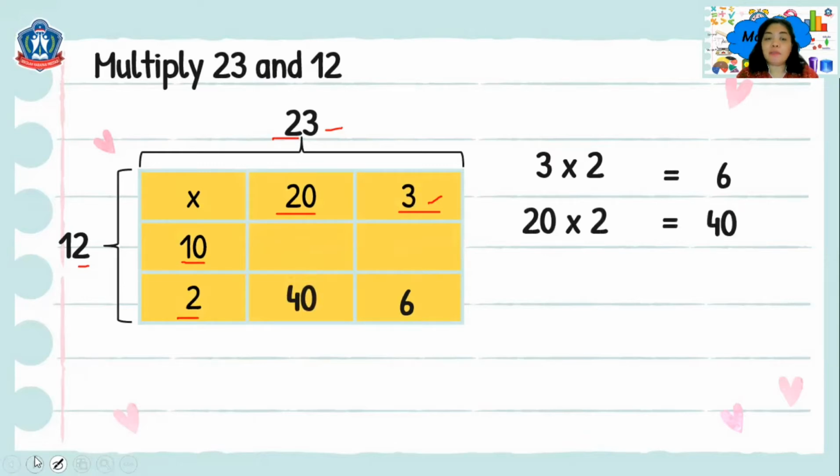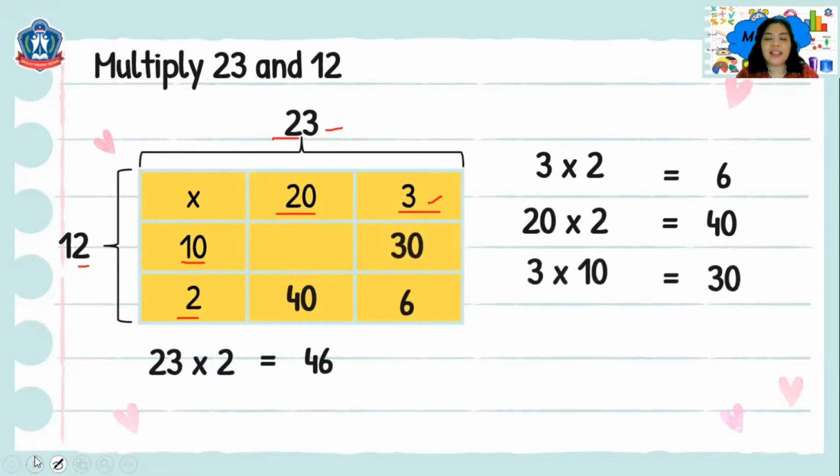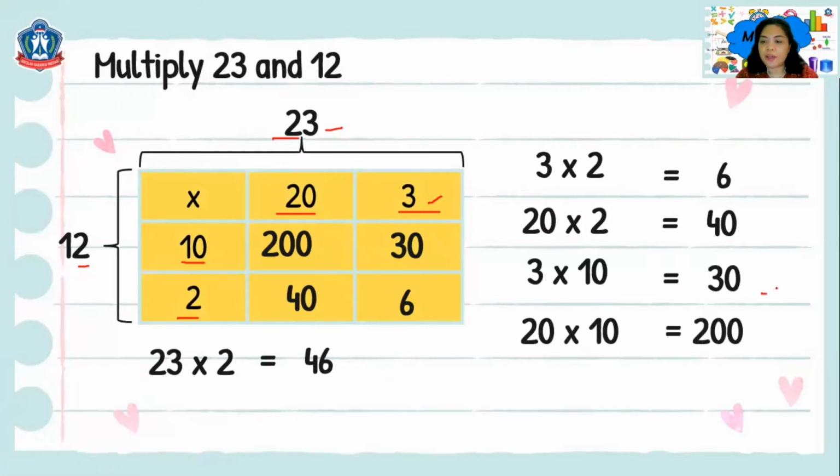So 23 times 2 is equal to 46. Correct. Now let's go to 10. So 3 times 10 is 30. Okay. 20 times 10 is 200. So if we add 200 and 30, that is 230.